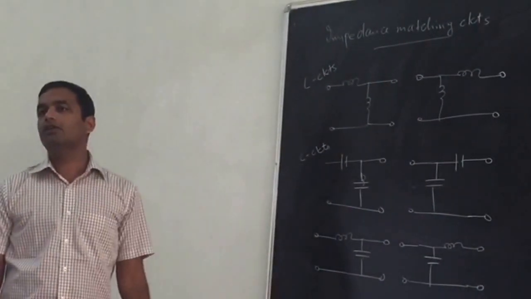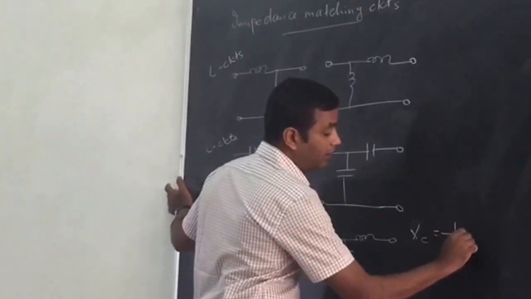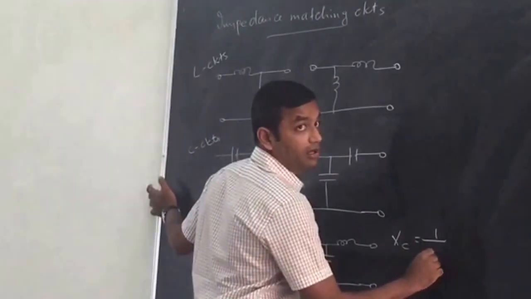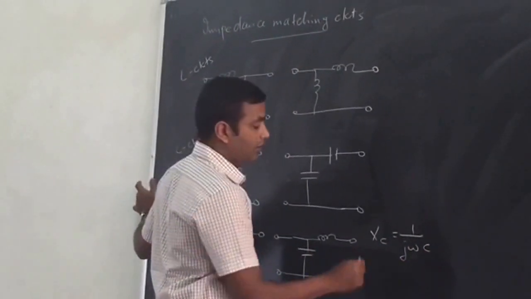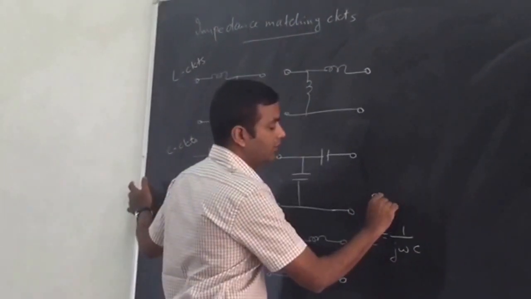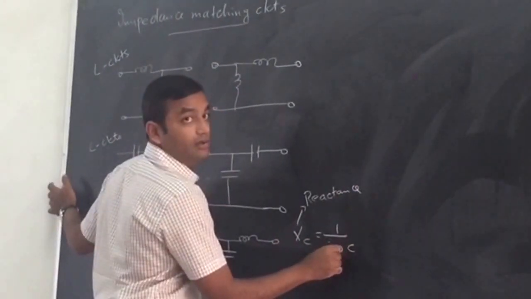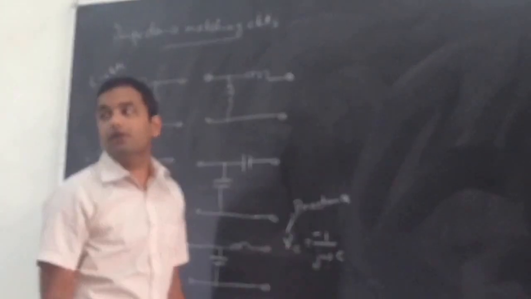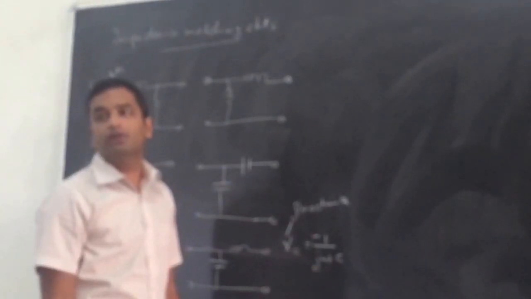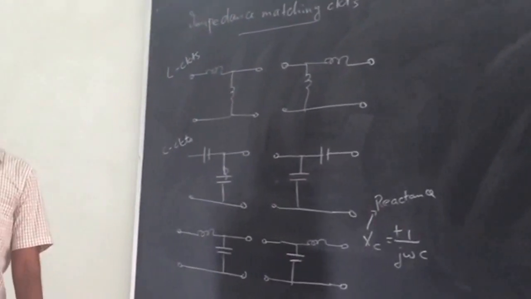What is XC? XC is 1 over jωC, the reactance.